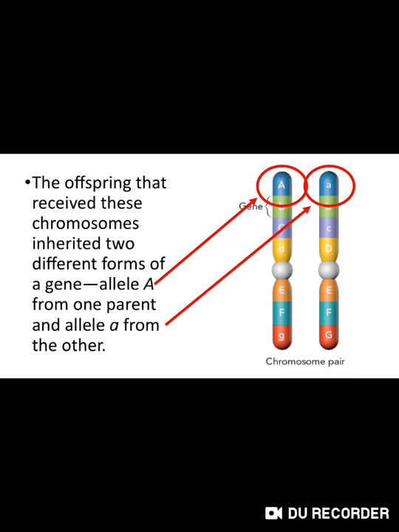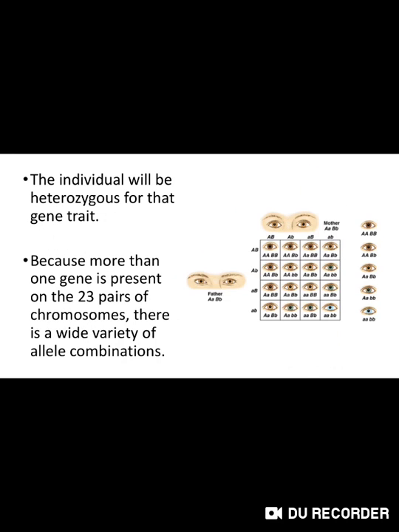The offspring that received these chromosomes inherited two different forms of a gene. For example, the red circles are showing you allele A from one parent and allele A from the other parent. The individual will be heterozygous for that gene trait. Because more than one gene is present on the 23 pairs of chromosomes, there is a wide variety of allele combinations.